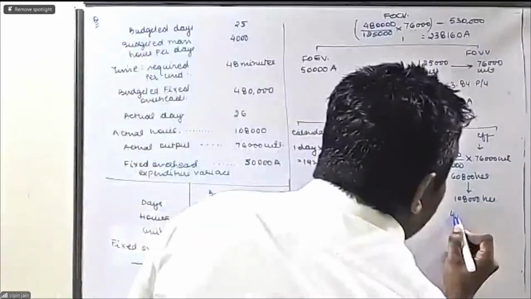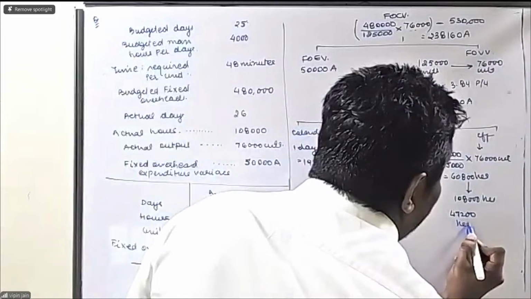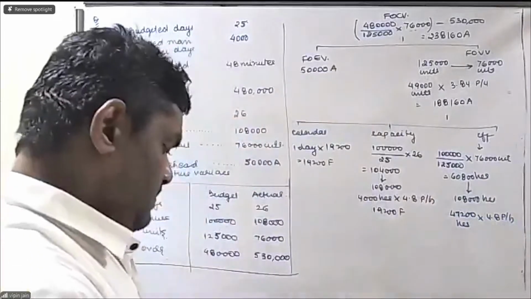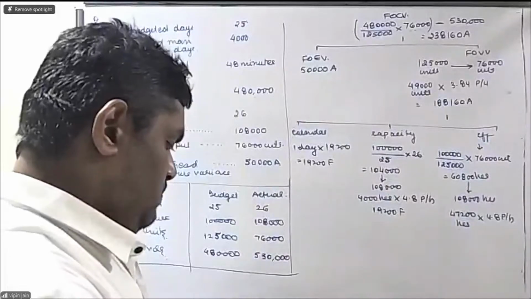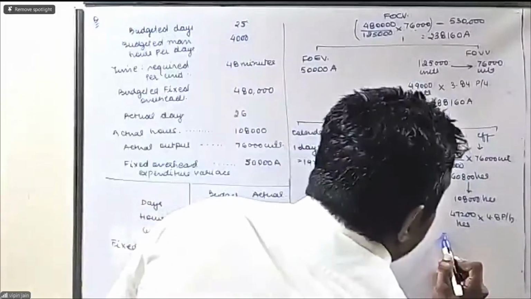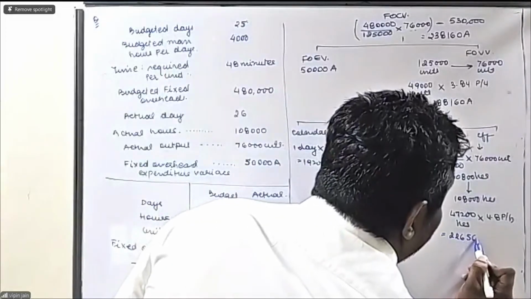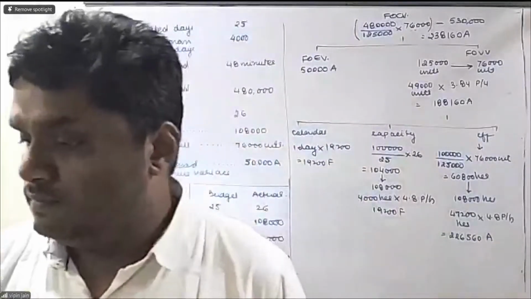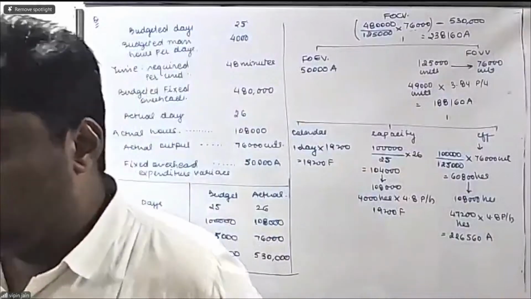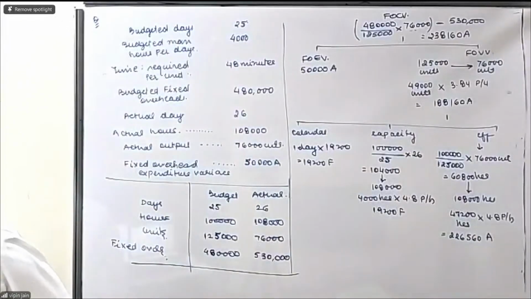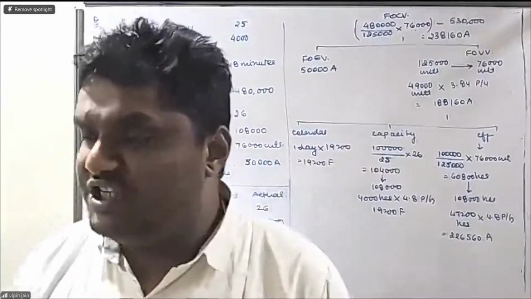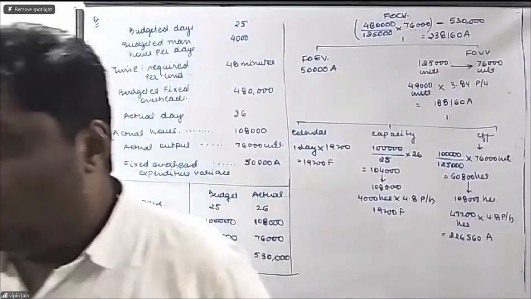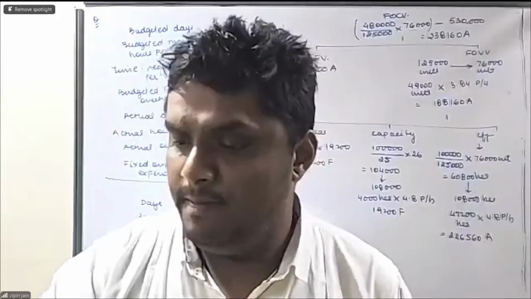So 47,200 hours is my inefficiency, into the rate per hour, that is 4.8. So this will be 2,26,560 adverse. I request you guys to copy the question and the solution. Very good, Rati Malini.